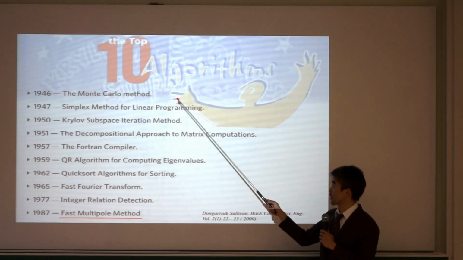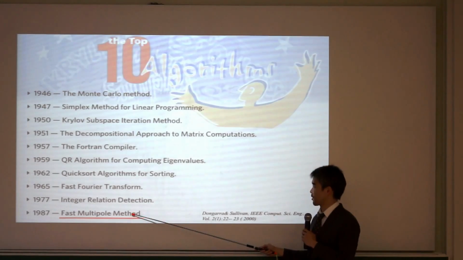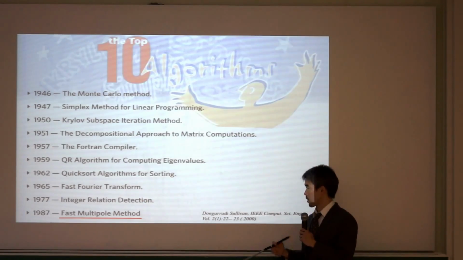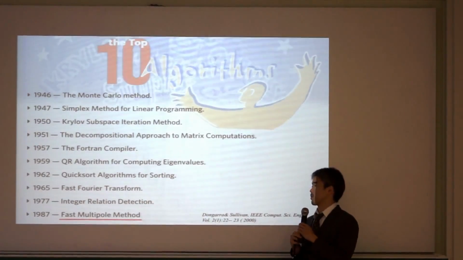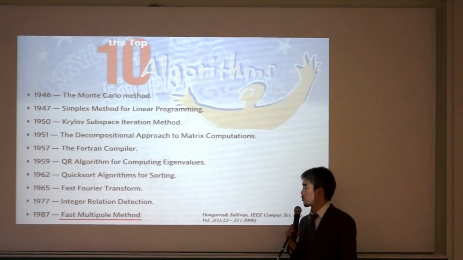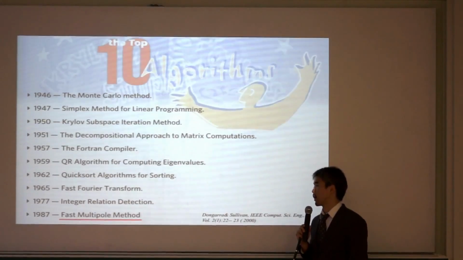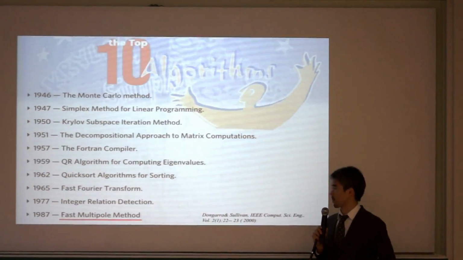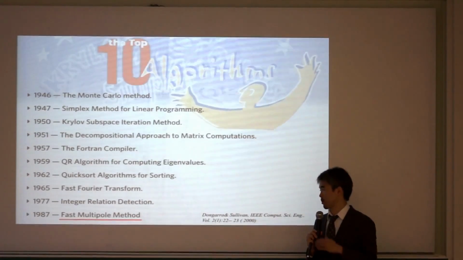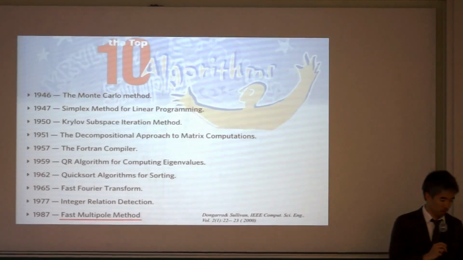It's ranked in the top 10 algorithms, and out of these different algorithms, the fast multipole method has very nice features for calculating in parallel and very asynchronously on these very large supercomputers. So it's a nice algorithm for very large supercomputers.